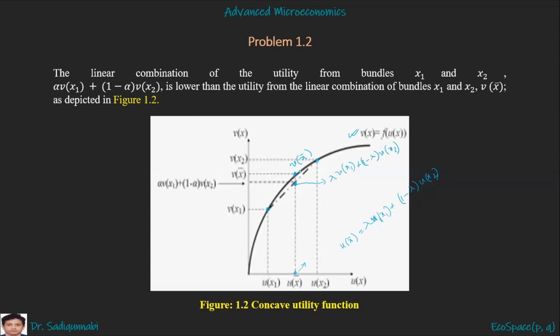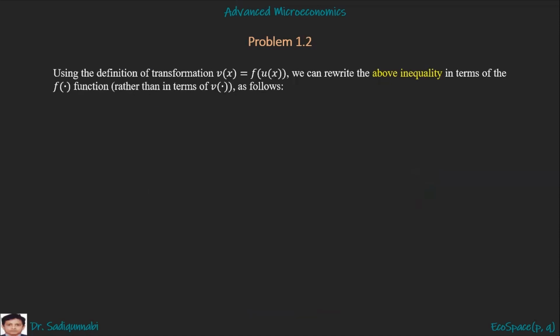And if this is greater than this, then our utility function is concave. So this graph depicts that Vx is concave. Now we are going to see that the concave function is convex.